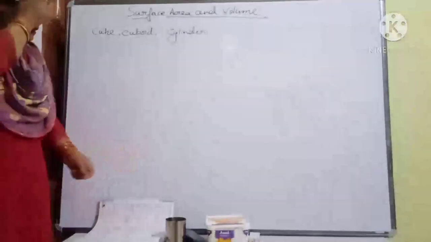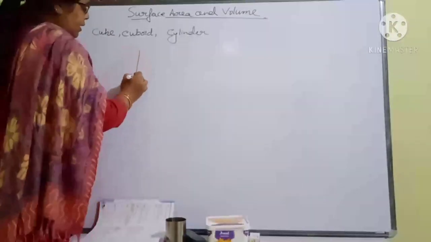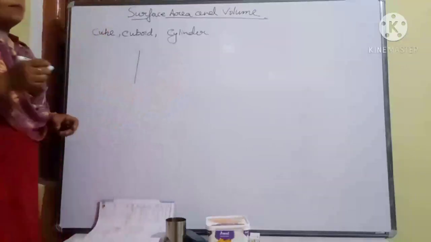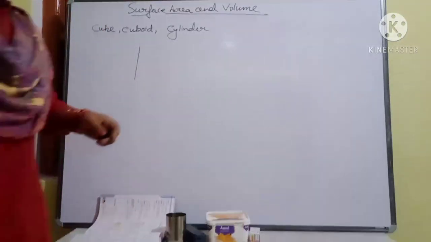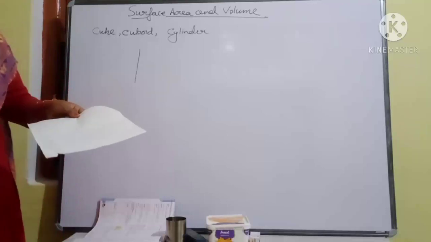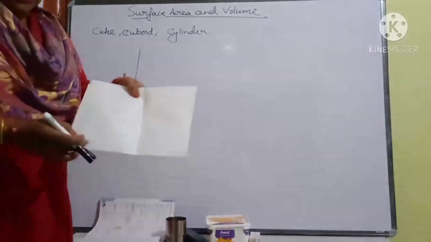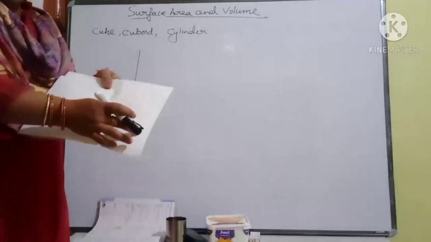Now, cylinder means, if we take a rectangular sheet, you know this is its length and this is its breadth.